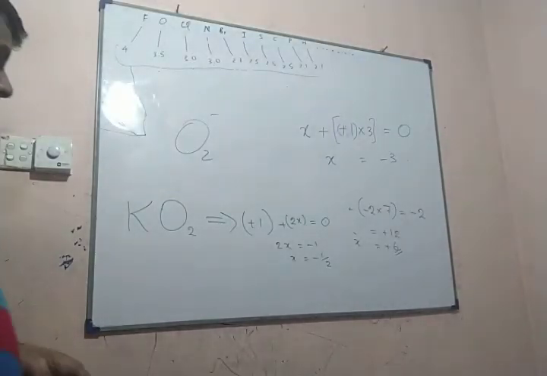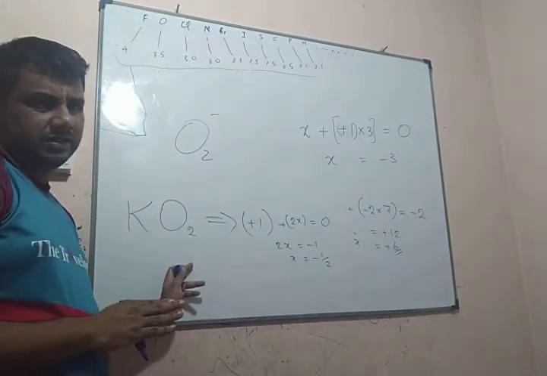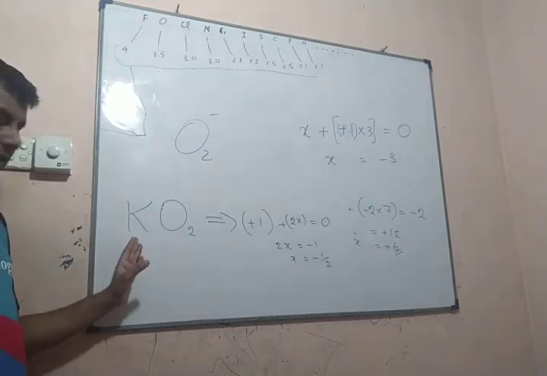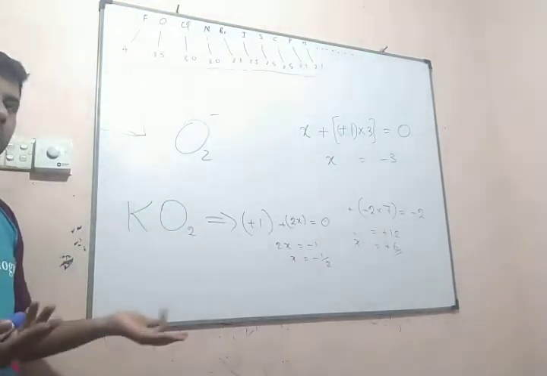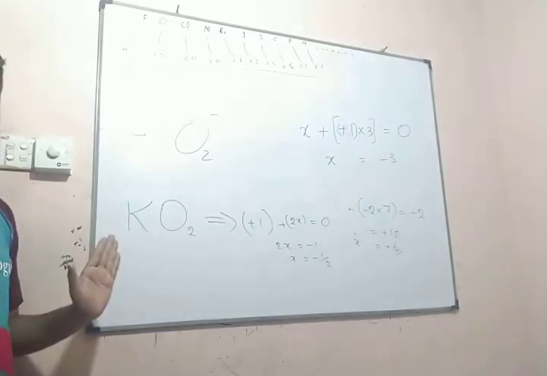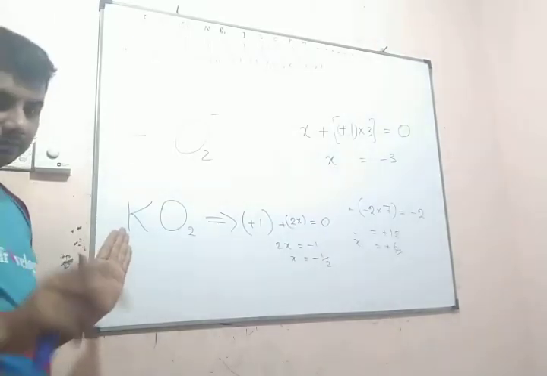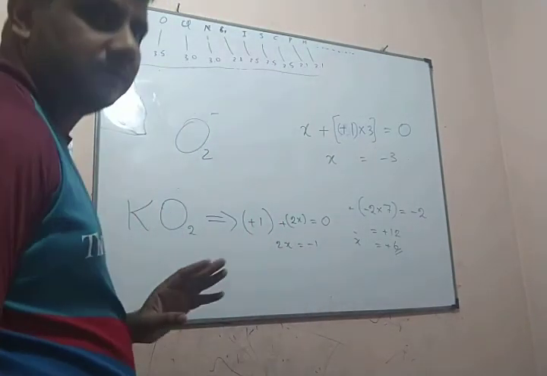Okay. Just for a confusion, I have given. Right? Just for a confusion. Right? Okay. Here you can easily find this is K plus and this one is O2 1 minus. That's all. O2 1 minus means superoxide. So the oxidation state is what? 0 and minus 1. That's all. Right? 2x is equal to minus 1.